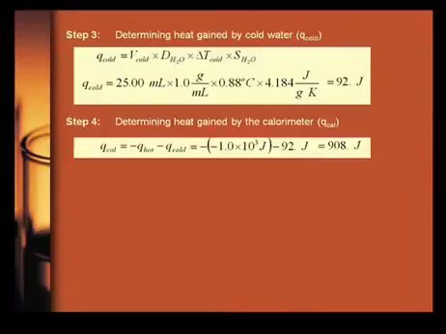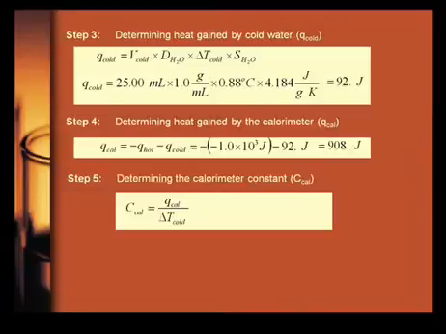Now, to determine the significant figures, we're subtracting, so we have to go by least number of decimal places. So we have to change the 1.0 times 10 to the 3 into the same type of number as 92, or change 92 into an exponent of 10 times 10 to the third. It's just easier to put 1,000 minus 92 to get 908 joules.